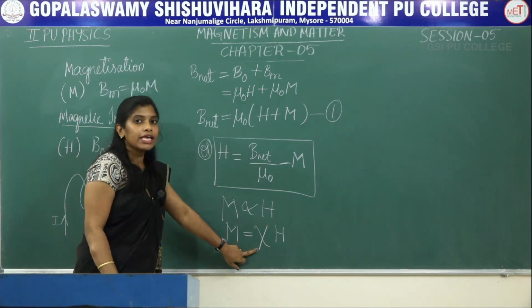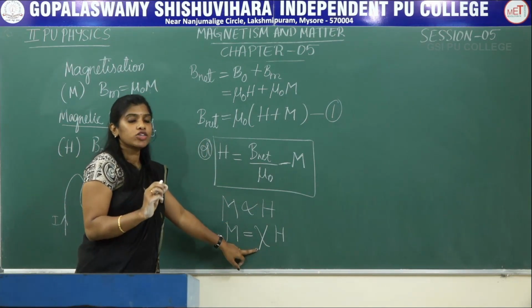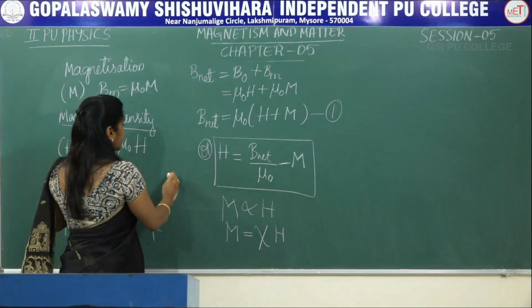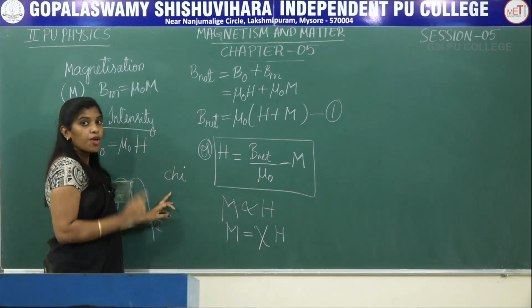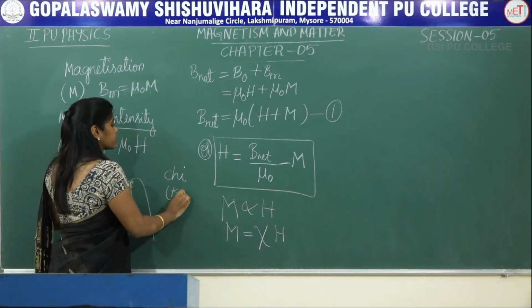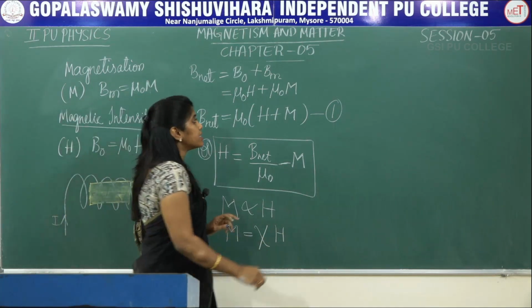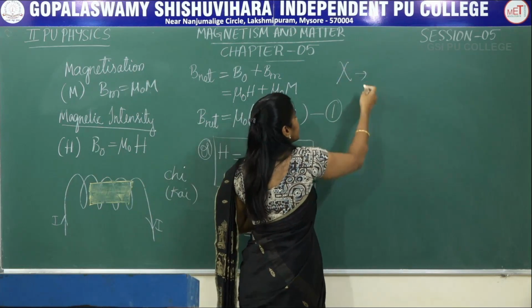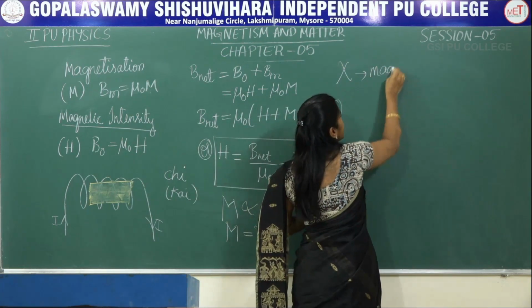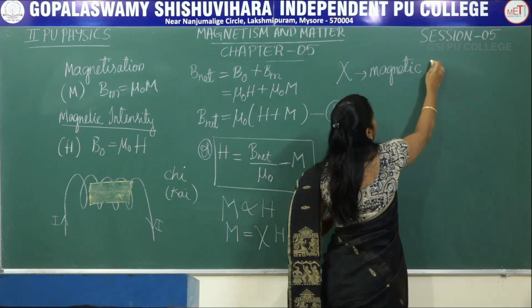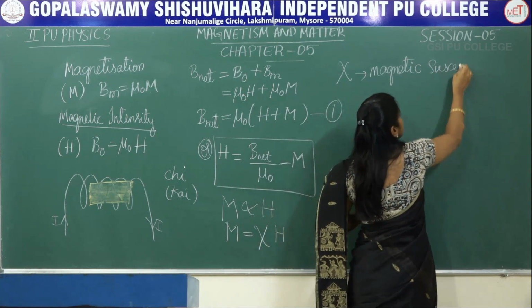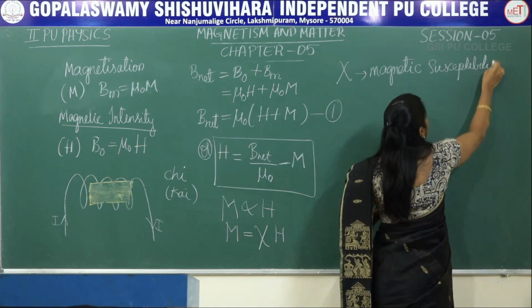This symbol is a Greek letter which is called chi. It is written as CHI, pronounced as chi. And this chi is nothing but the magnetic susceptibility.